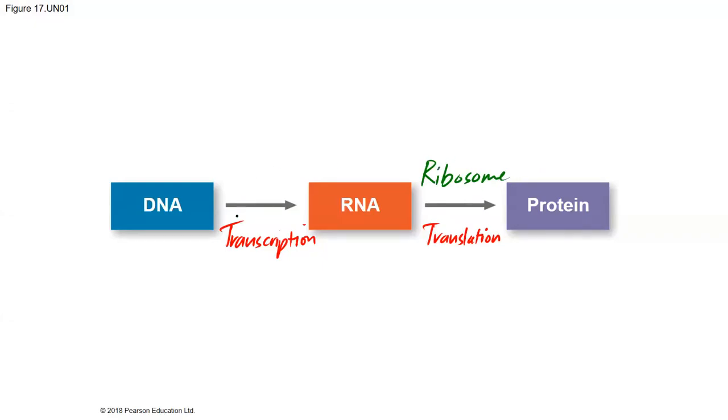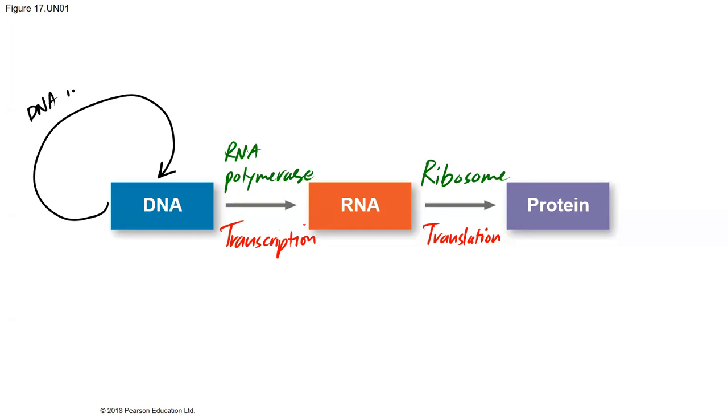Transcription is carried out by an enzyme or a protein called RNA polymerase. Okay. In Biology 101, you learned about how DNA could be used to make DNA in a process called DNA replication.